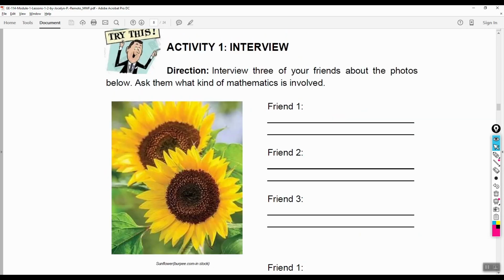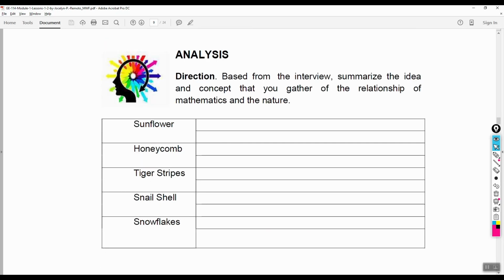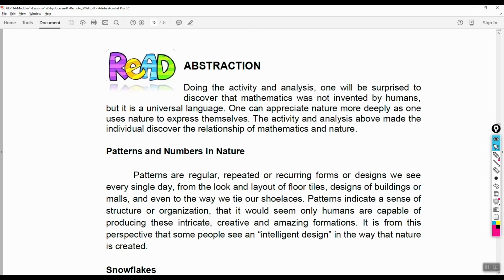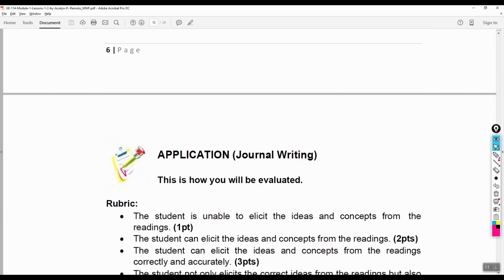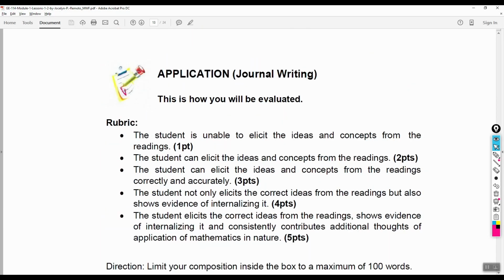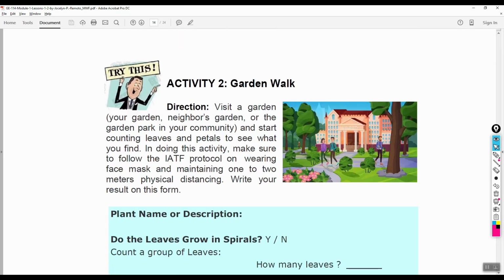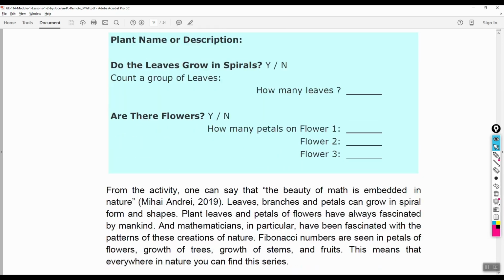So you will have activity number 1. Okay, then analysis, the summary of activity number 1, and then you will also have the application, the journal writing. Activity 2, still under lesson 1: you do the garden walk, answer this one.